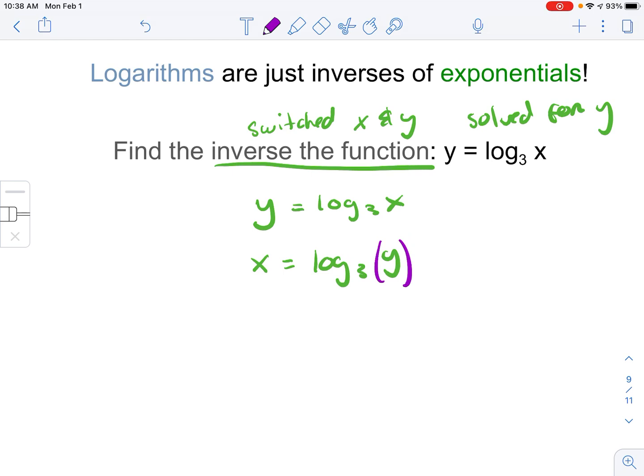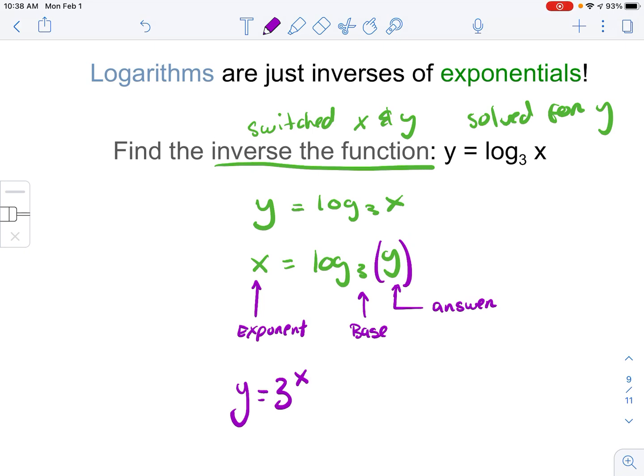Okay, so how do we rewrite this as an exponential function? Well, we know that this is going to be our base, and we know that this is going to be our exponent, and this right here is going to be our answer. So we get y is equal to 3 to the x power as our inverse function.